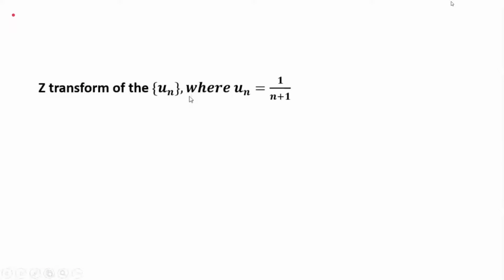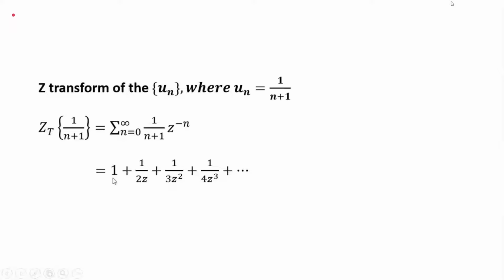Now suppose I want to find out the transform of sequence un where my nth term is 1 by n plus 1. How do I do that? By definition, the z transform is multiplying the nth term by z to the power minus n. So that is 1 plus 1 by 2z plus 1 by 3z squared plus 1 by 4z cubed and so on.